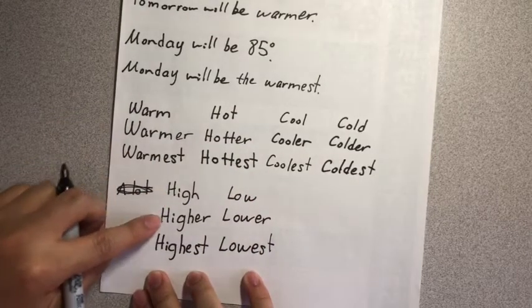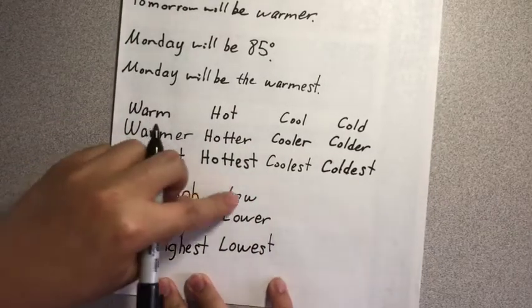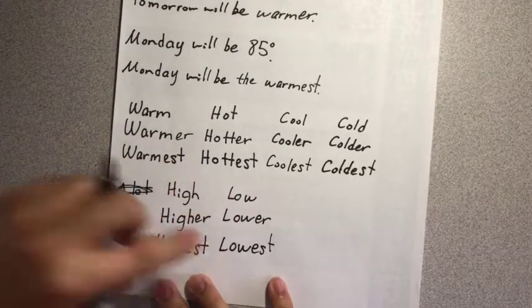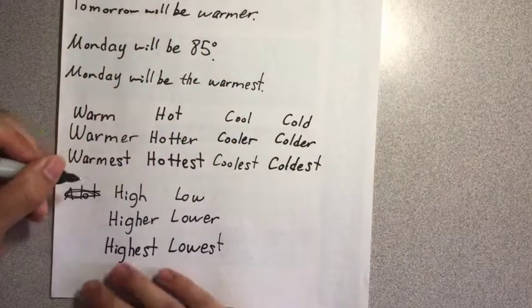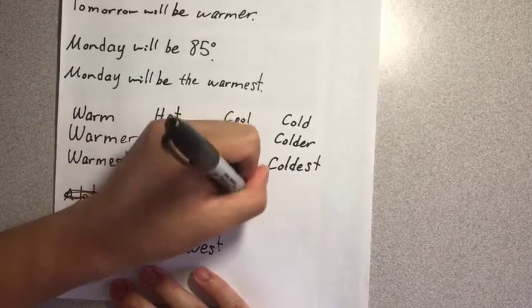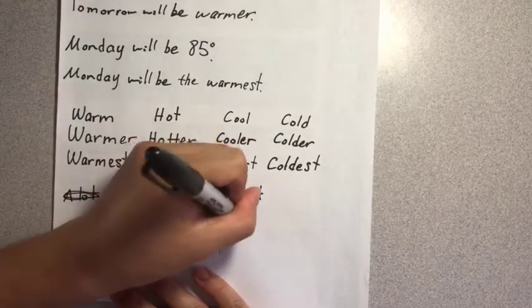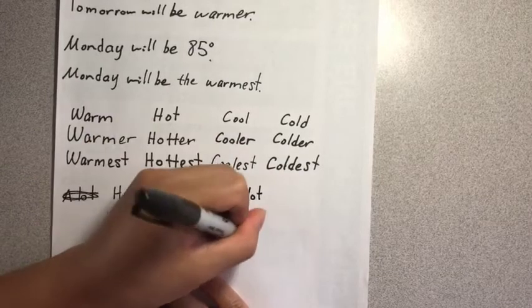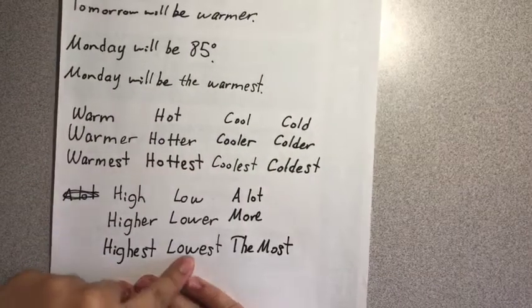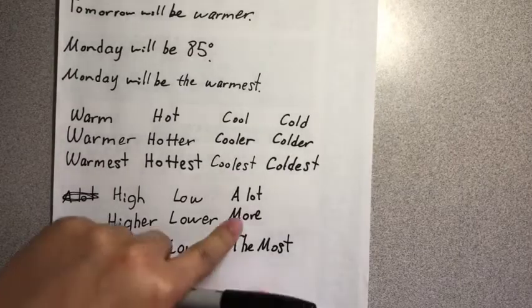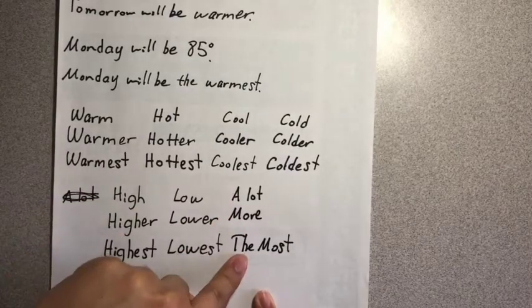High, higher, highest. Low, lower, lowest. We have a lot, more, and the most. So this is the highest, this is the lowest, and this is the most. A lot, more, the most.